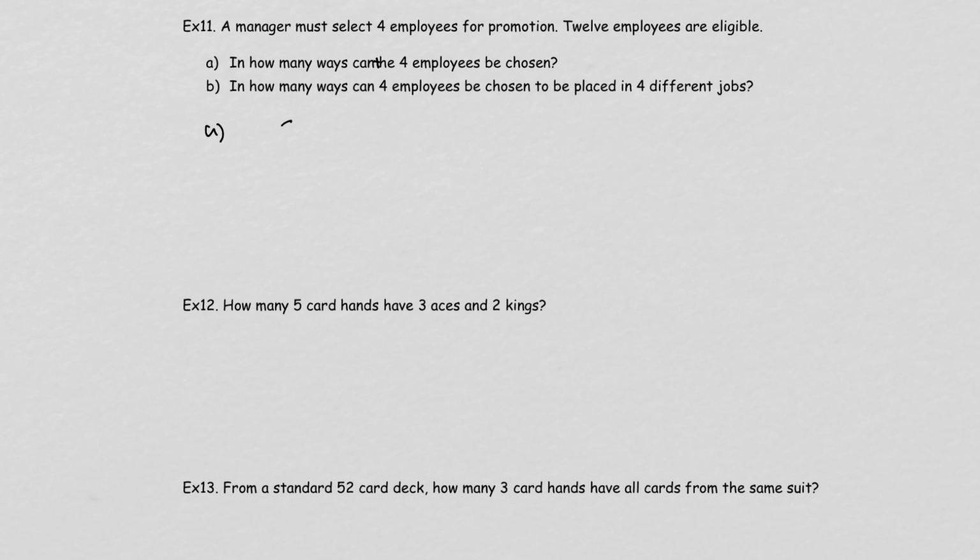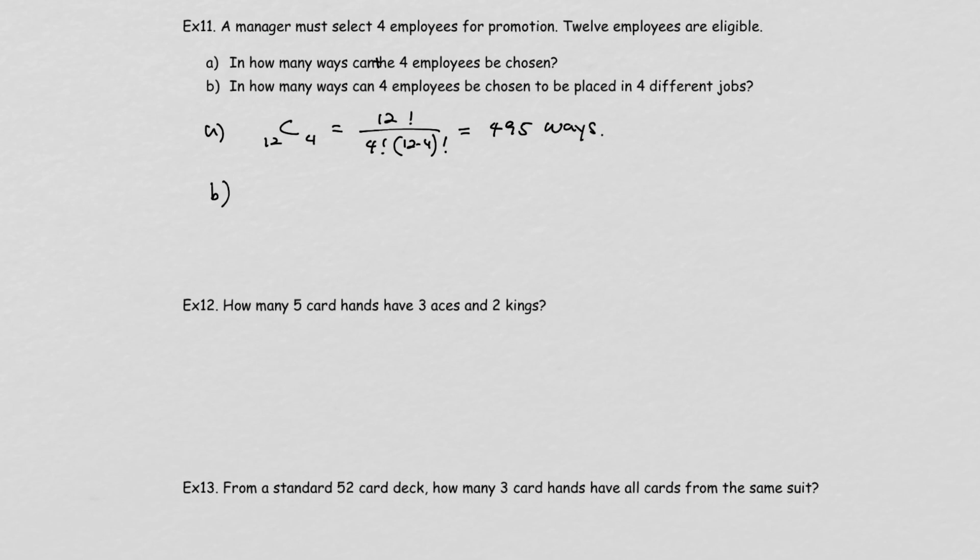So we know we're going to use combinations. Let's place into the combination formula. It will be 12 factorial over 4 factorial times 12 minus 4 factorial, right? That gives you 495 ways.